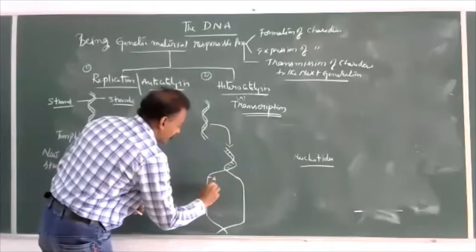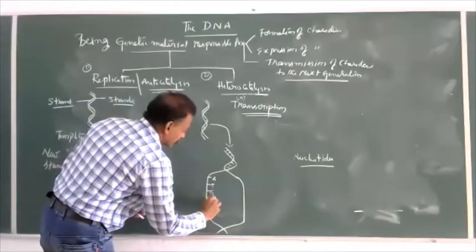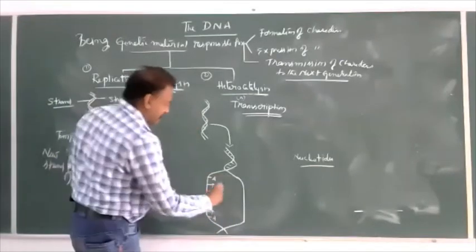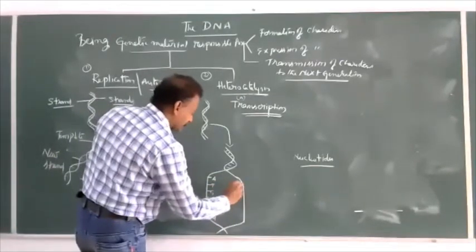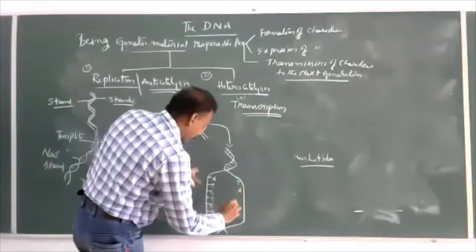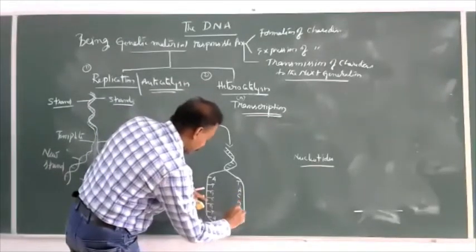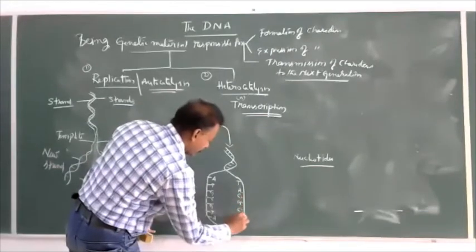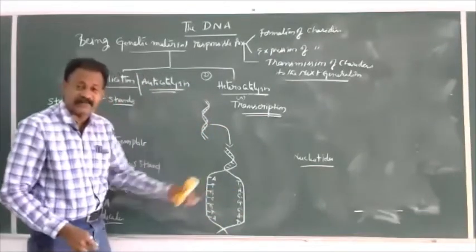When they were separated, opposite bases were complementary: T, A, C, G, C, A, T, because they were both base complementary to each other.